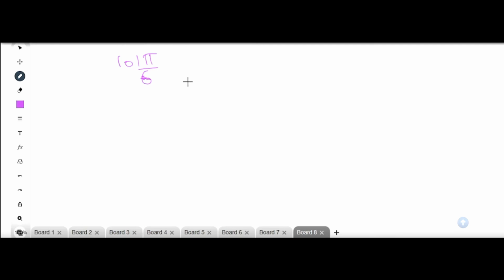So 101 pi over 6 is 16.8333. So 101 pi over 6 minus 16 pi, right? Which gives me 5 pi over 6, right?